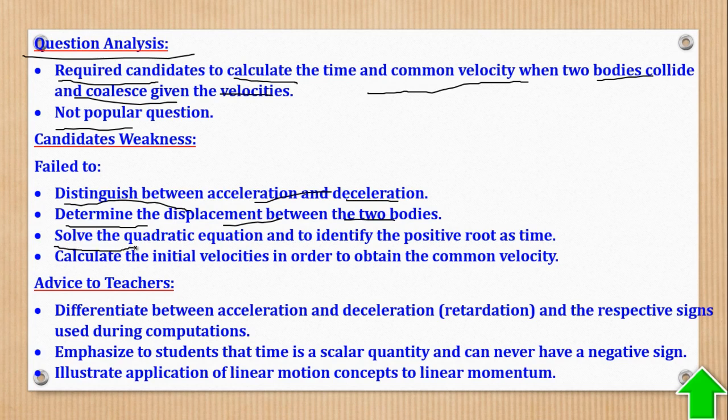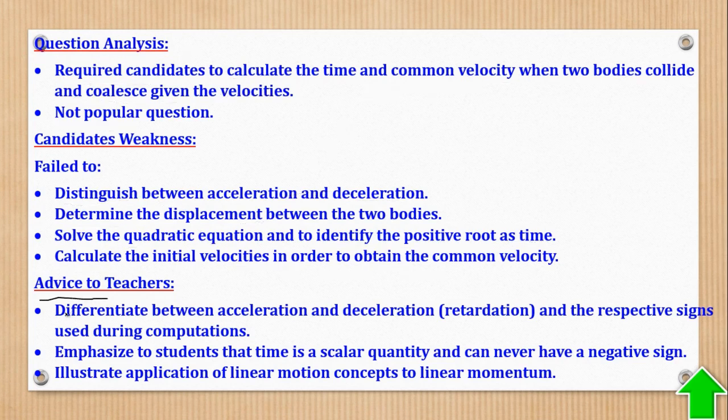Then also they failed to solve the quadratic equation and to identify the positive root of time. So we must know how to solve quadratic equations, eliminate the negative time and take the positive time. Then also they failed to calculate the final velocities in order to obtain the common velocity, because the bodies had moved for some time before they collided.